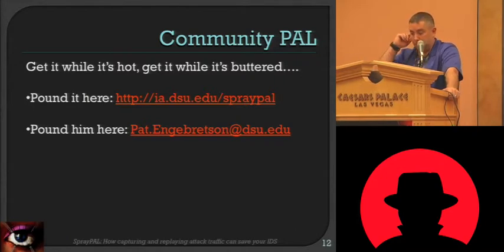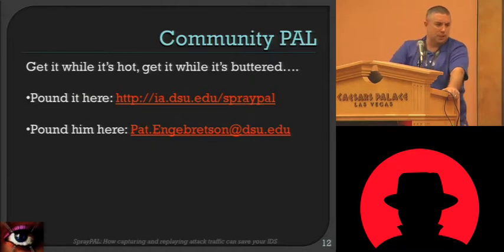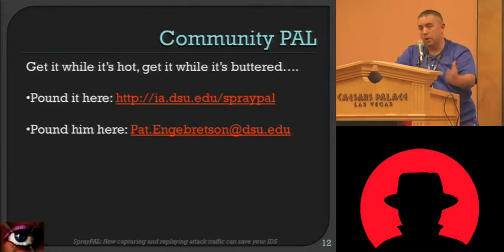So you can use the link here to grab both the tool that we'll show you in a minute, as well as the library of the attacks itself. And we're adding to those on an almost daily basis. We have a grad student who's taken an interest in this as well, so these get updated.